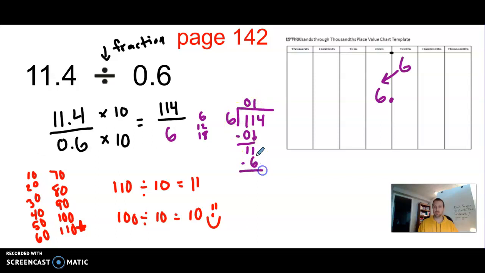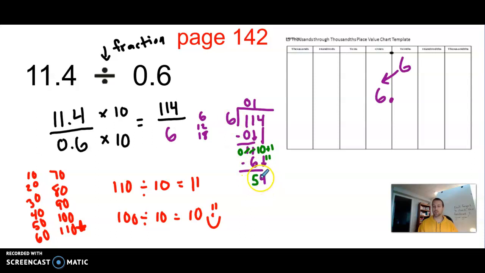I'm going to find the difference of those, knowing that I can't take 6 away from 1, so I have to unbundle these, bring over a group of 10. 10 plus the 1 that I have here is 11. Okay, so 11 minus 6 is going to give us 5. Let's get back to our purple here. We're going to bring down the 4. How many 6's go into 54?